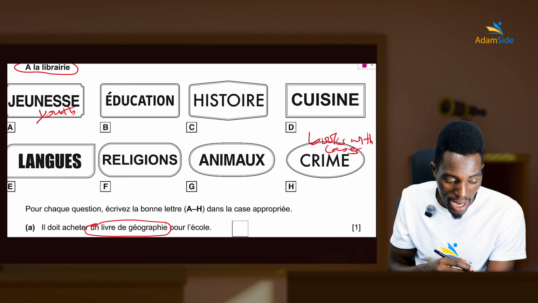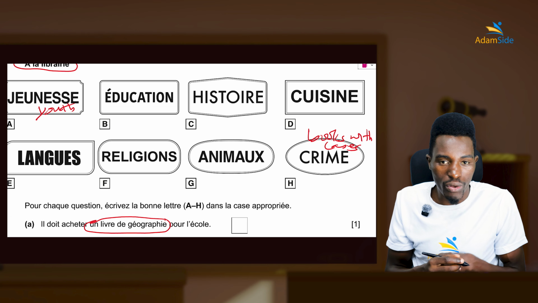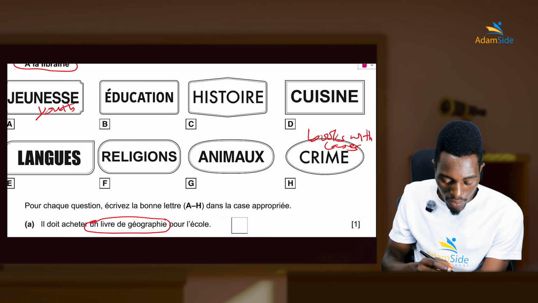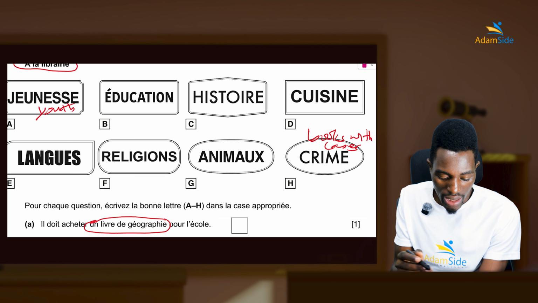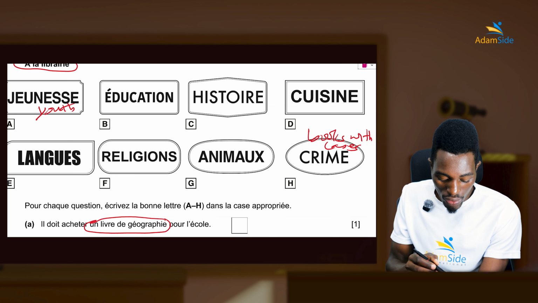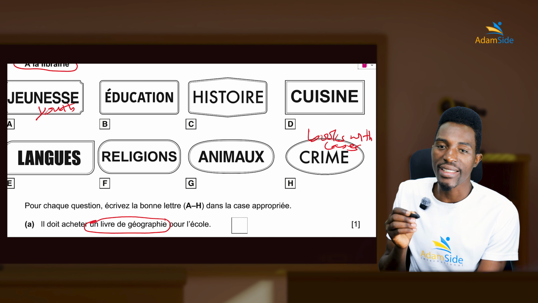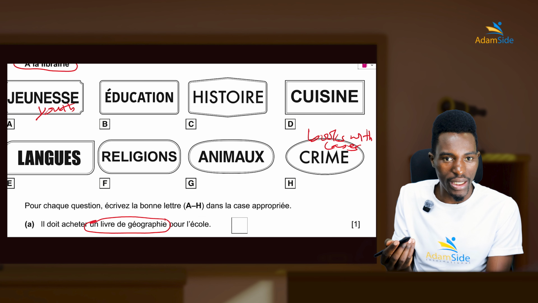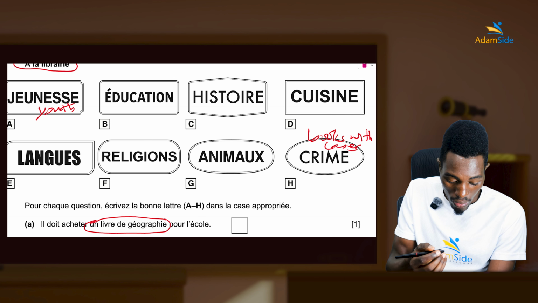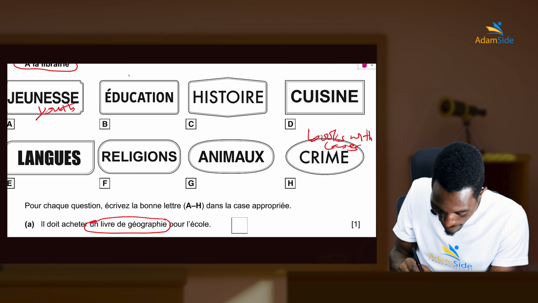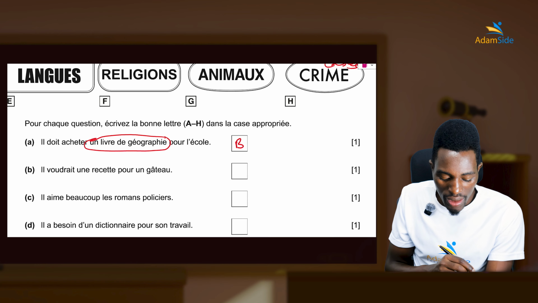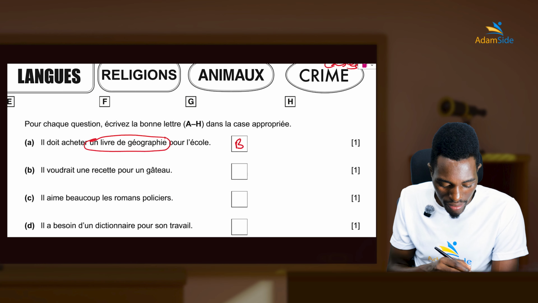If I need to buy a geography book, where should I go? Education. Why do we choose education? Because geography is a subject. We always say subjects talk about education. So we are going to put B. Then we write B.